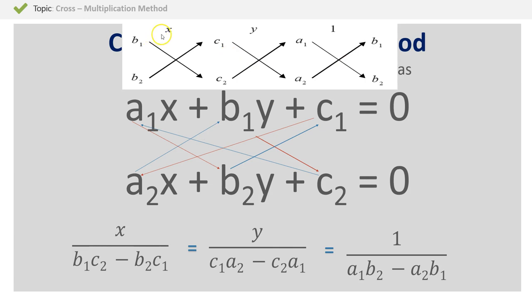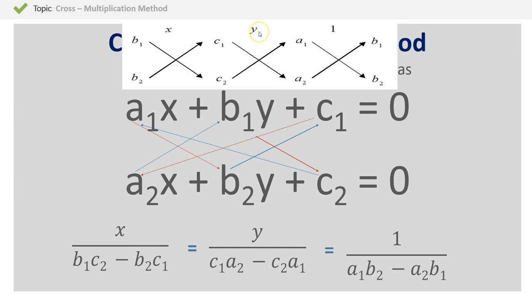So basically you are going to write x, y and 1 for the constant term. You are going to write b1 c1 because you just ignore this, and below it you write b2 c2, right?